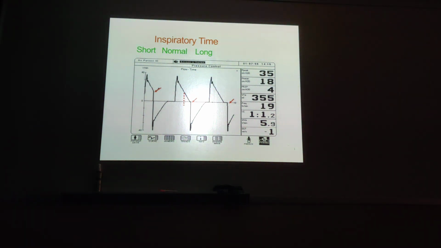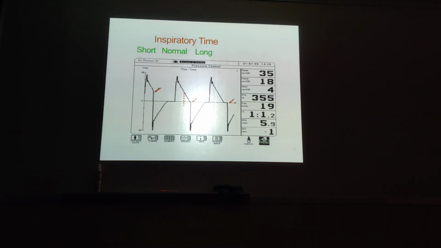Okay, so this here just tells you when the I time is too short or too long, okay? This is what is normal here, okay, that's normal. Now you can tell where the I time stopped, right here, way up here. Okay, that's the I time. The patient started exhaling from here, so that would be a shorter I time.